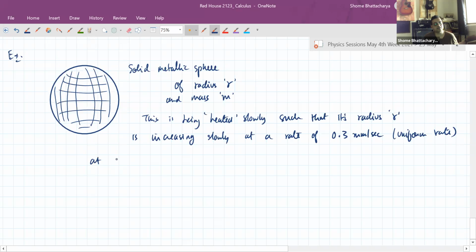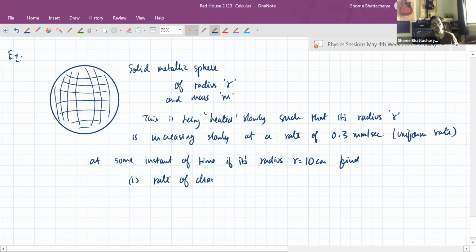So at some instant of time, if its radius is equal to 10 centimeters, then we want to find the rate of change of its diameter with respect to time.